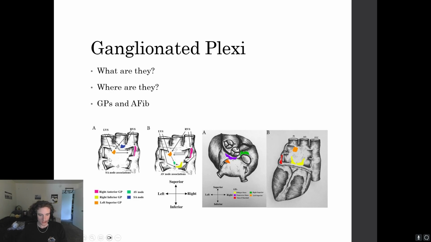So the areas around the pulmonary veins are abundantly enriched areas filled with sympathetic, parasympathetic, and pacemaking sites. Right around the pulmonary veins, it's this whole area here, around here, around here. This is all filled with pacemaking, or not pacemaking, but sympathetic, parasympathetic, and pacemaking innervation.